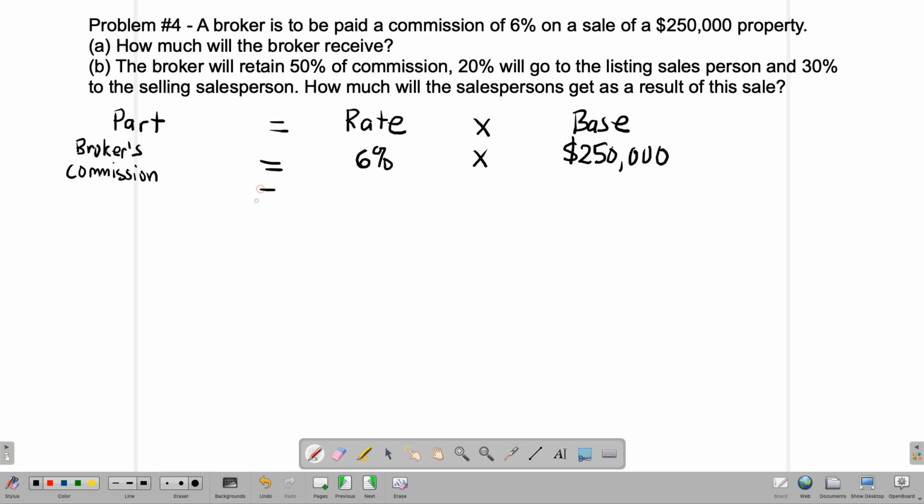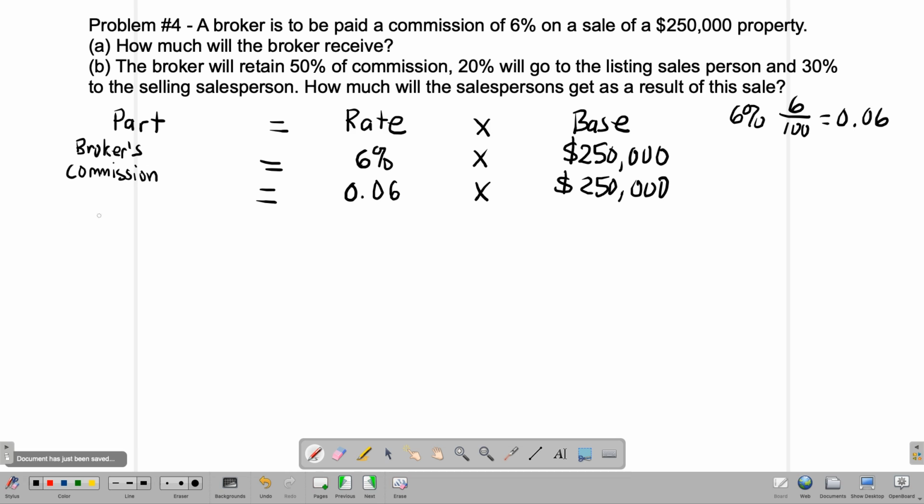This one is easy. We take the 6%, just like we did previously. 6 divided by 100 gives us 0.06. We replace that with 0.06 times 250,000, and it shows that the broker's commission is going to be a value of 15,000.